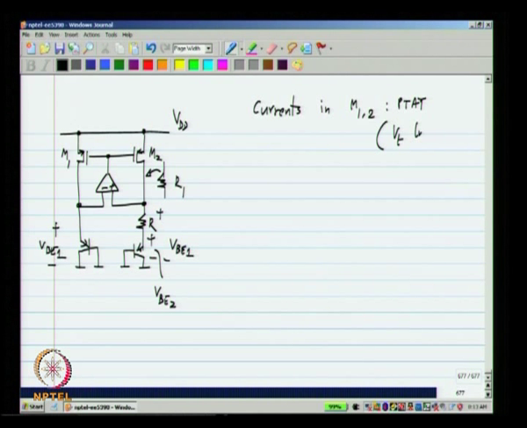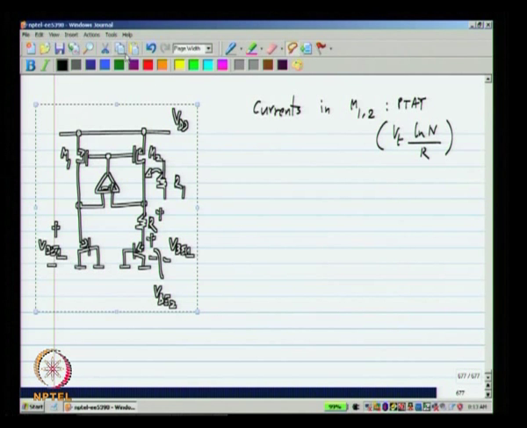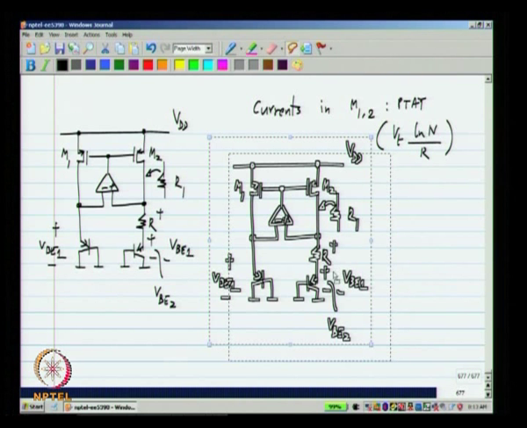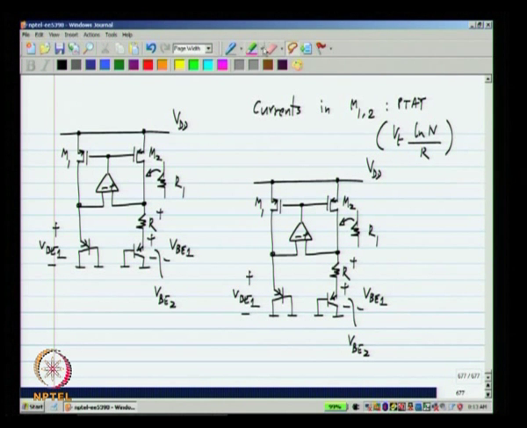They are equal to Vt log n divided by R. So, instead of adding voltages, that is instead of adding VBE to a voltage that is proportional to absolute temperature, we can take the current that is proportional to absolute temperature and add a current which is proportional to VBE1. So, we know that the voltage here and there are both VBE1.